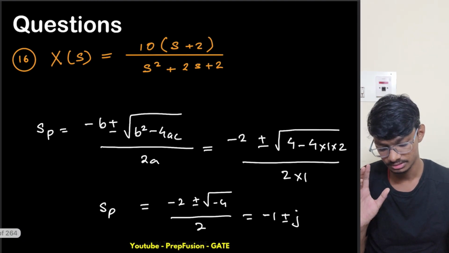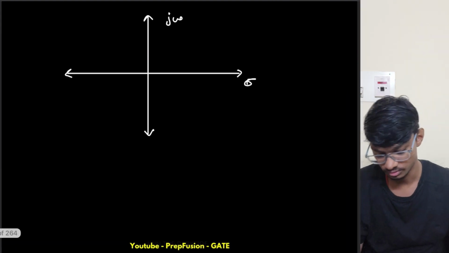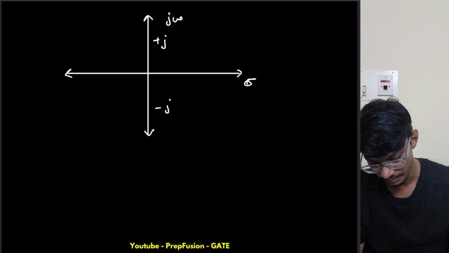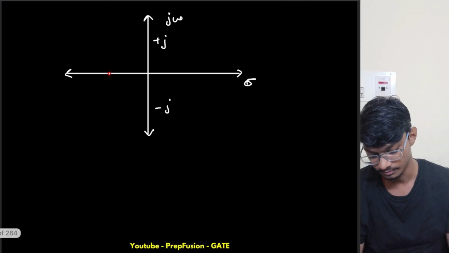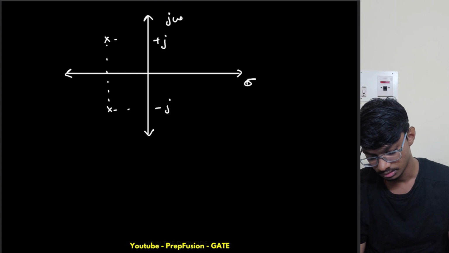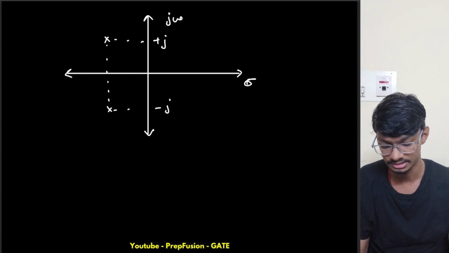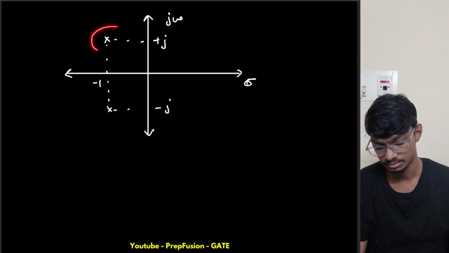We have the imaginary component as plus minus j1, so I will write here plus minus j, and the real component is negative, at minus 1. So our pole will lie somewhere around here. That's how we plot in a graph, with xy coordinates: the real part is minus 1 and the imaginary component is plus minus 1.